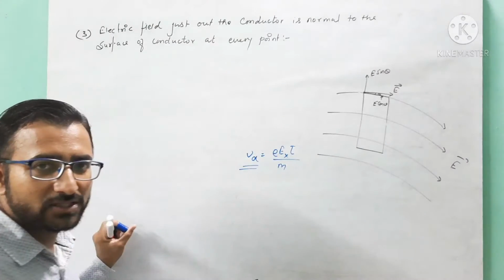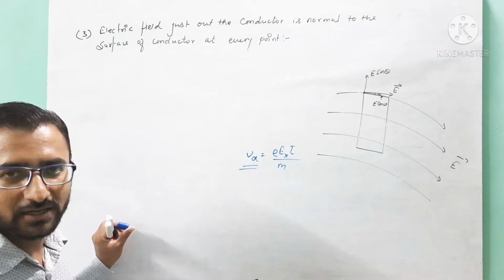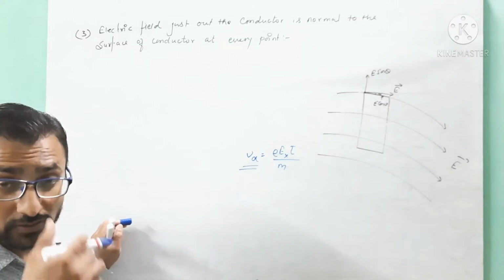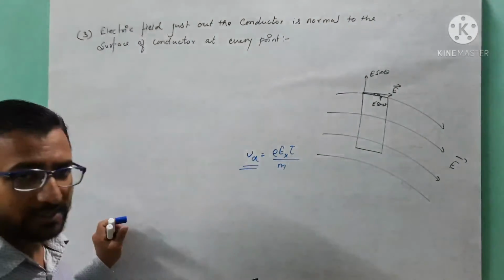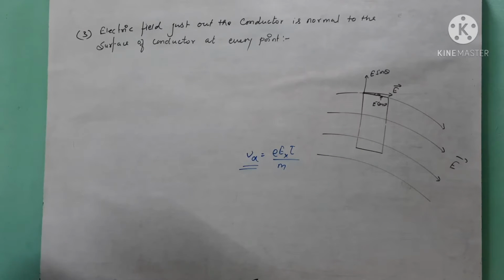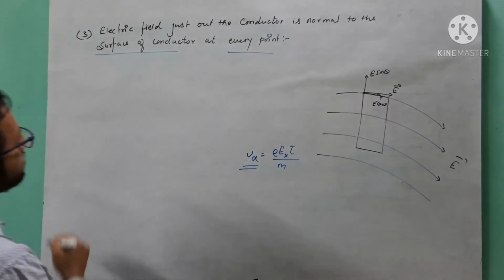The flow of charge inside the conductor is not continuous, it moves with the drift velocity. So I will use this relation for proving this statement, in which we will show the electric field just outside the conductor is normal to the surface of the conductor at every point.